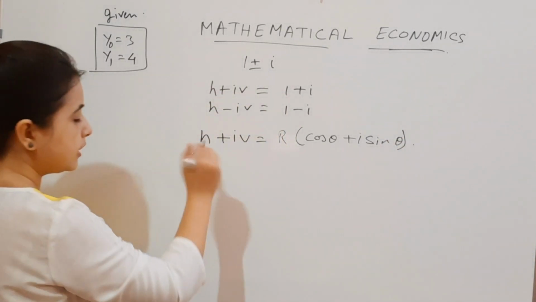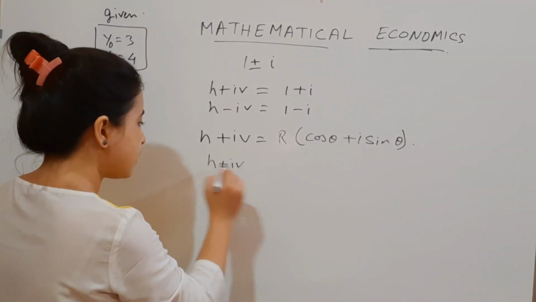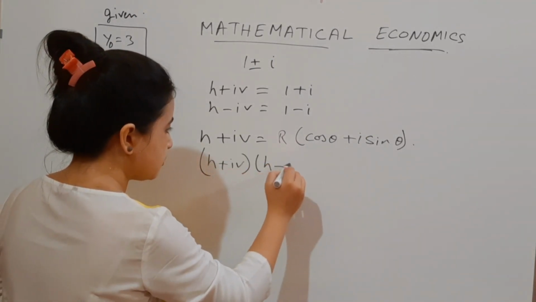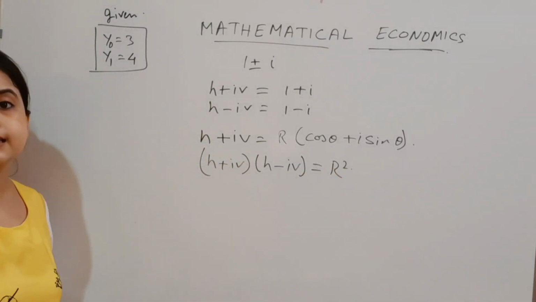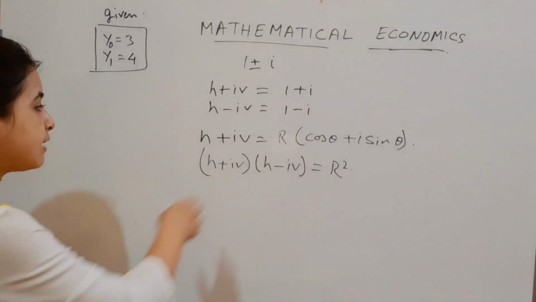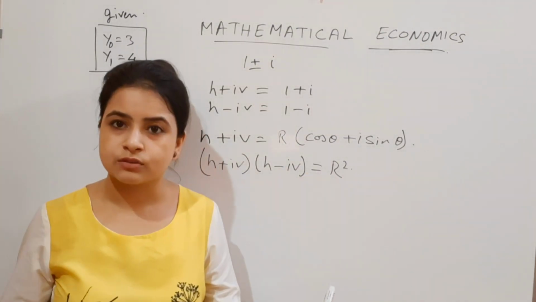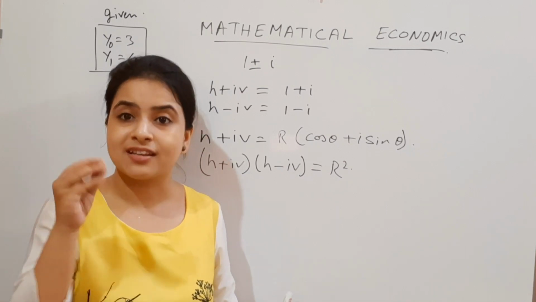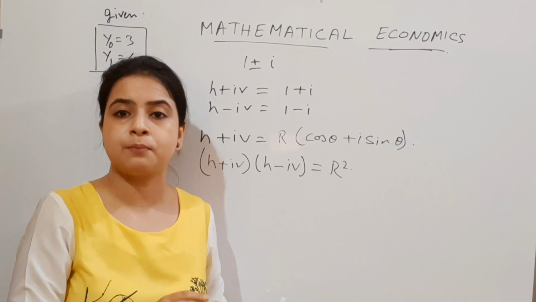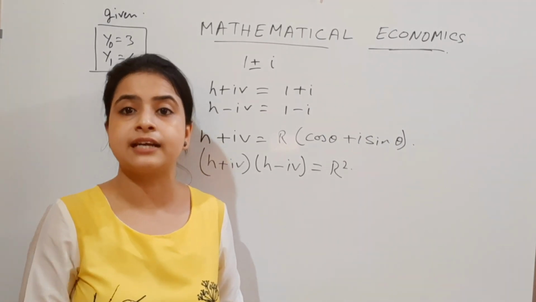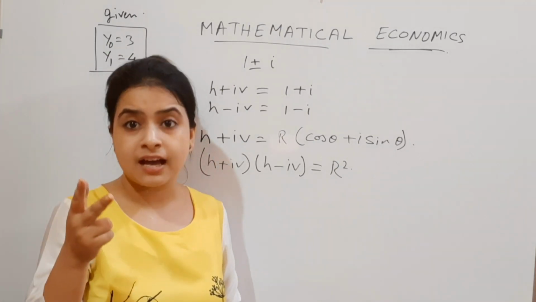By using this formula, we find that (h plus iv) into (h minus iv) gives r squared. So here we have to find the value of r squared, because in order to get the complementary function for the imaginary roots of a second order difference equation, we need to find r and theta.